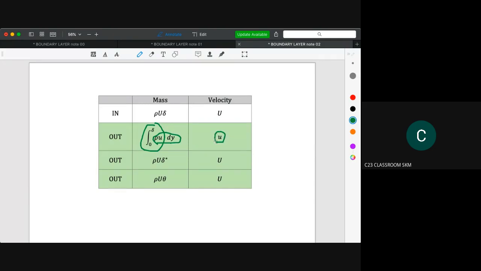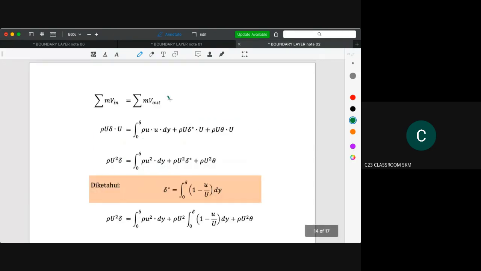By using this equation, you just substitute the total momentum at inlet like this one. This is the mass and this is the velocity. This is the momentum for the velocity distribution, this is the momentum for the displacement thickness, and this is the momentum for the other thickness.